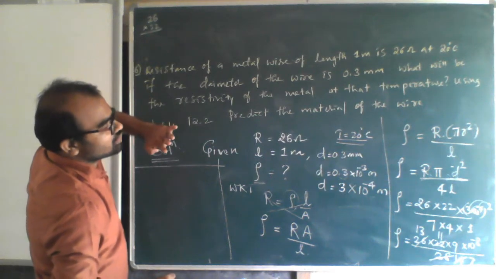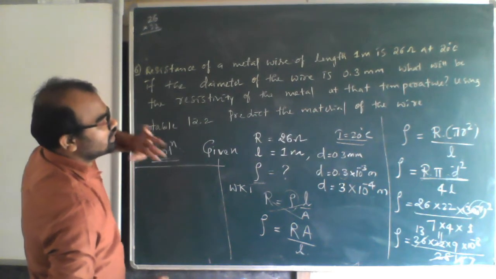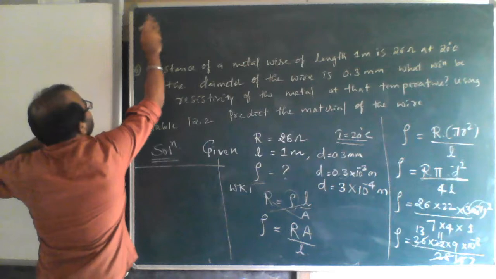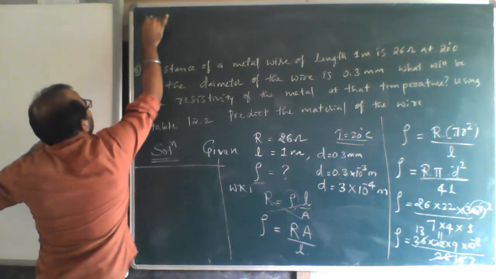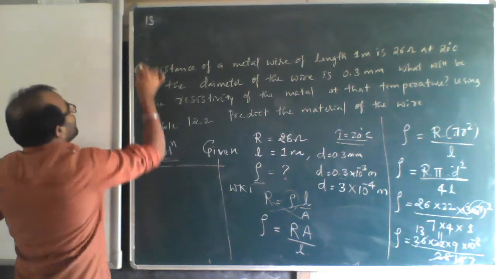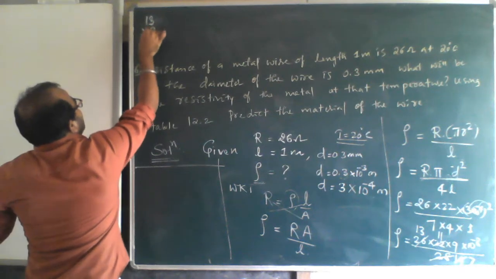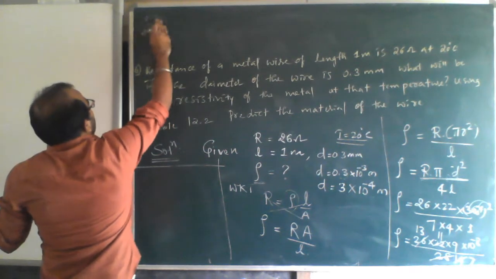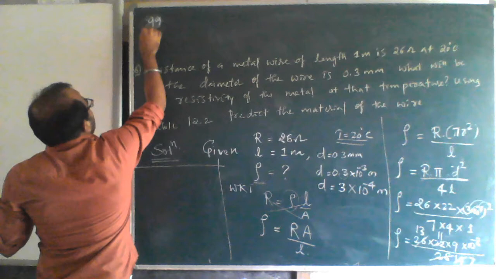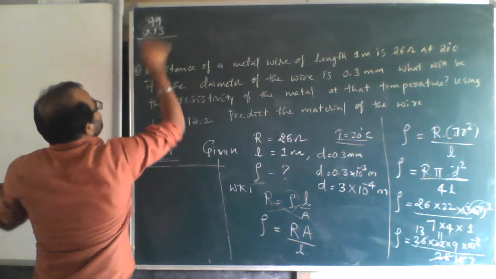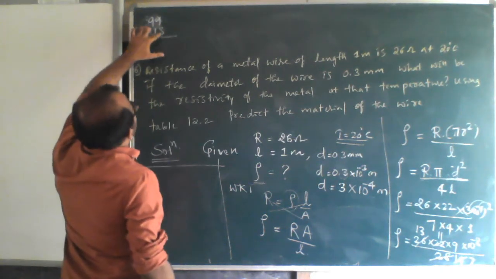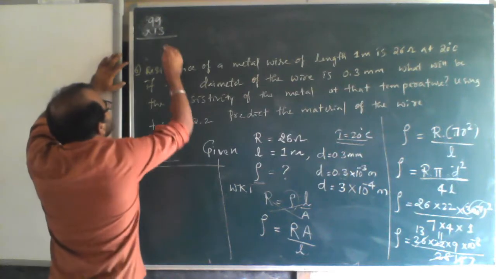13 into 11 into 9. I will directly multiply, that is 13 into 99 it will become. So I will multiply 99 into 13, which will be easy. 13 nines are how much? 117.